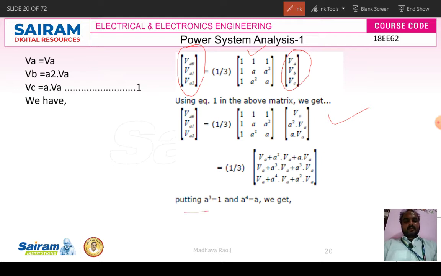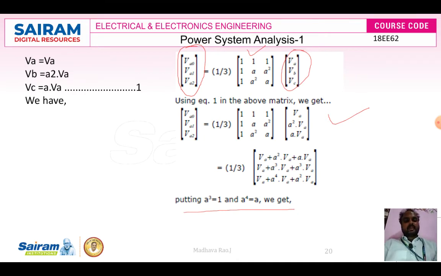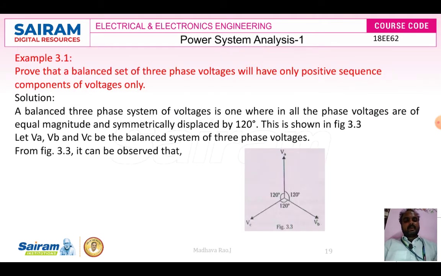Already we know that A cube is equal to 1 and A power 4 is equal to A. We have seen this in the operator A concept. Using these relations, we will simplify the sequence matrix.